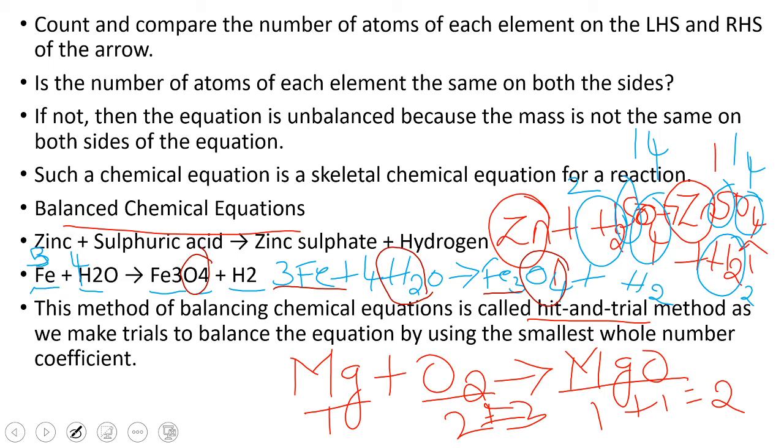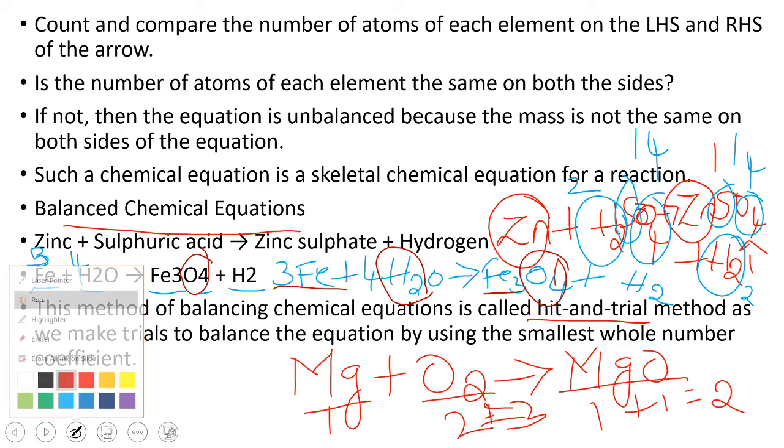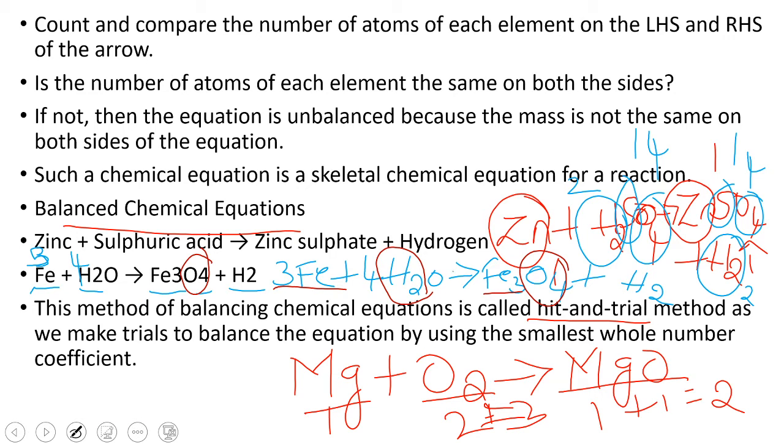That means this 4 belongs to both hydrogen and oxygen, right? So I am writing this bigger oxygen, this is capital. You should not write that as a small letter because that is a rule in nomenclature according to IUPAC. So what is IUPAC? International Union of Pure and Applied Chemistry. We have to write the symbol, the first letter of the symbol should always be a capital letter, right?